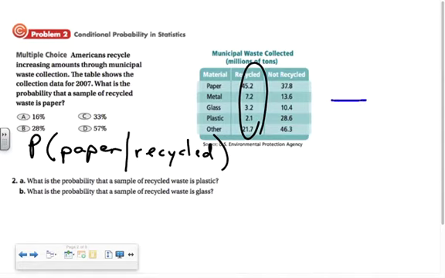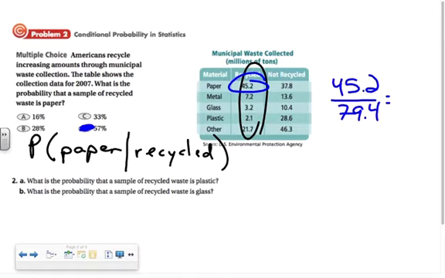And that's 79.4, with this being our numerator. And in our calculator, we get 0.569, so on and so forth. And the answer that most closely represents that is choice D in this multiple choice problem.